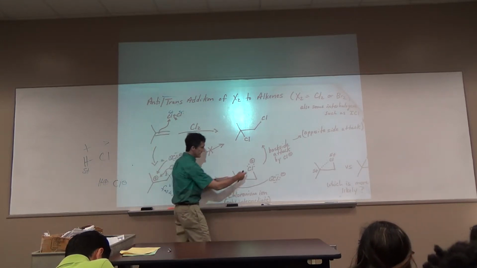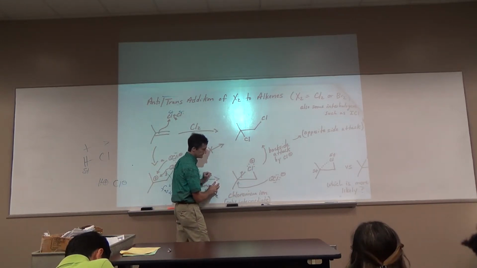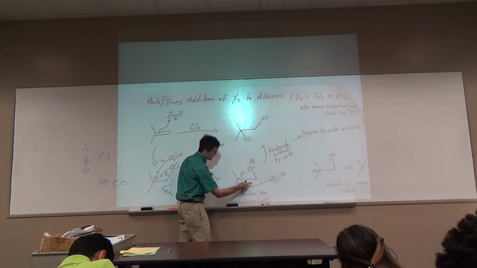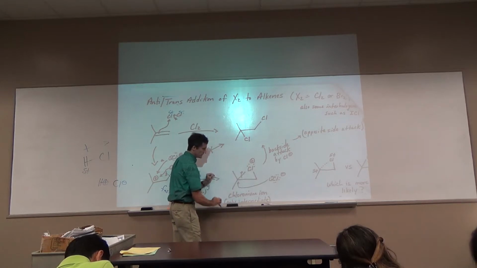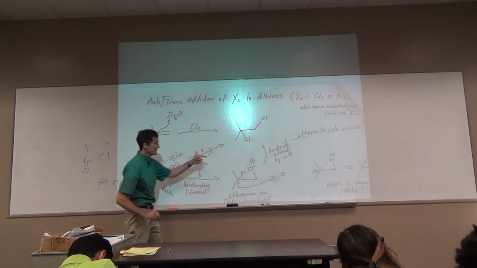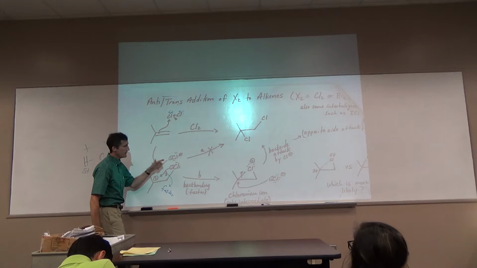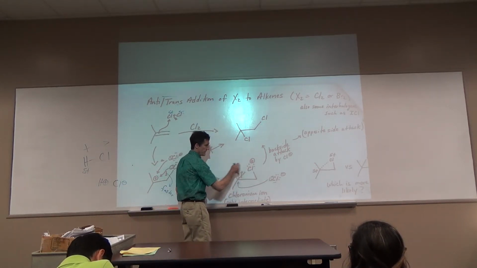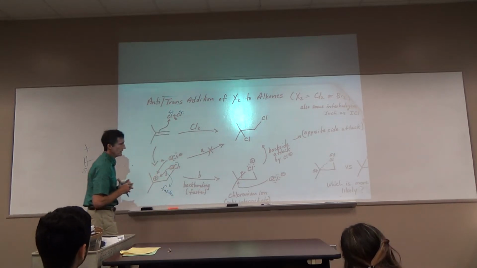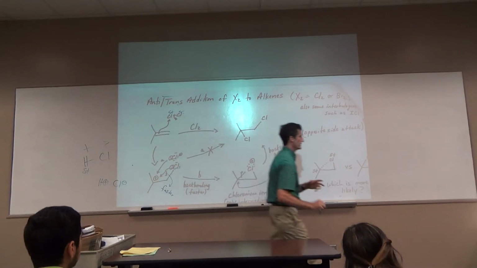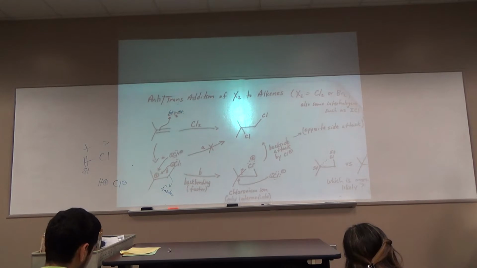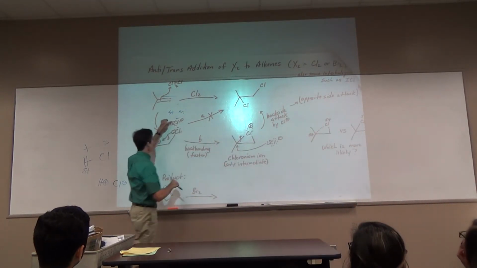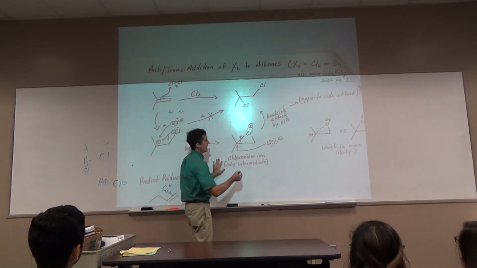If this chlorine attacks, we get this structure. This is a strange looking three-membered ring with a chlorine. It's called a chloronium ion because it is an ion. The chlorine is now positive. You can do a charge, it's positive. Chloronium ion. And it's at this point that the other chlorine comes in. Not here, but at this point.